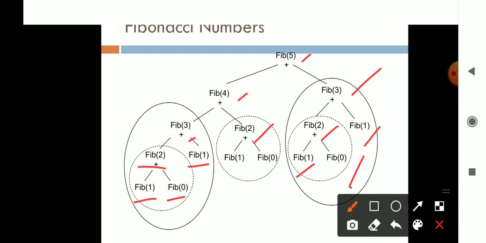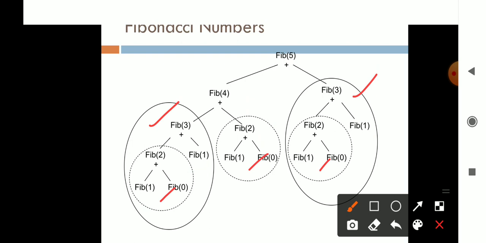If we want to find out the fifth Fibonacci number, at that time we are going to add all these values. Now see how many times we are repeating the values, how many times we are going to calculate those values. F of 2 is calculated multiple times, that is 1, 2 and 3. 3 times we are going to calculate f of 2. 2 times here we are going to calculate f of 3.